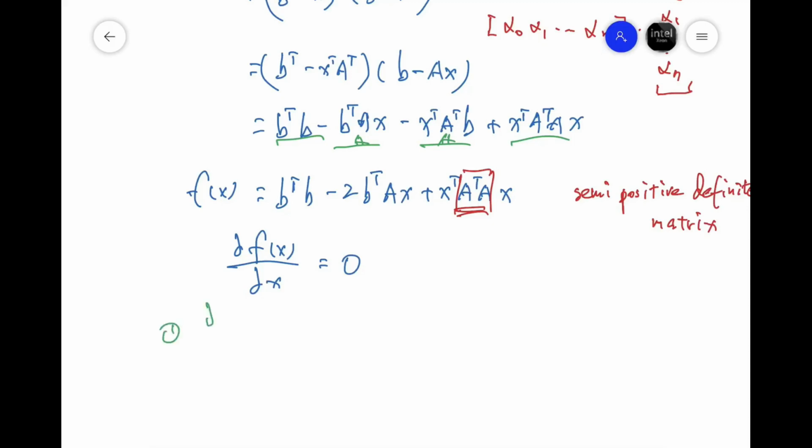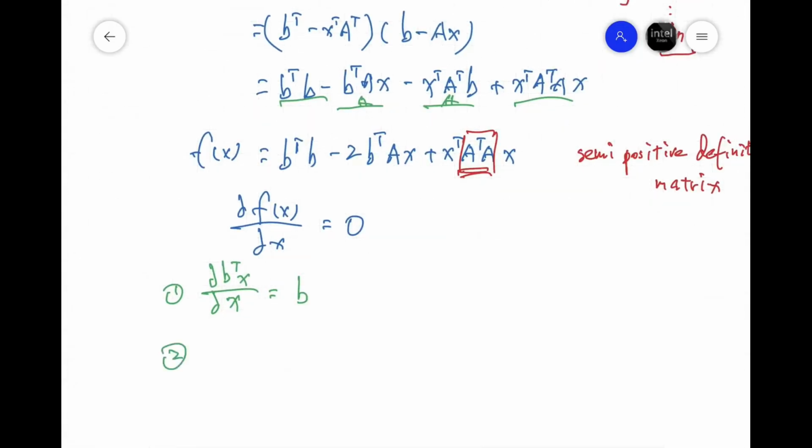So first rule is, the derivative of B transpose times X is B. And second rule is how to calculate the derivative of this guy. And it is actually H plus H transpose times X.